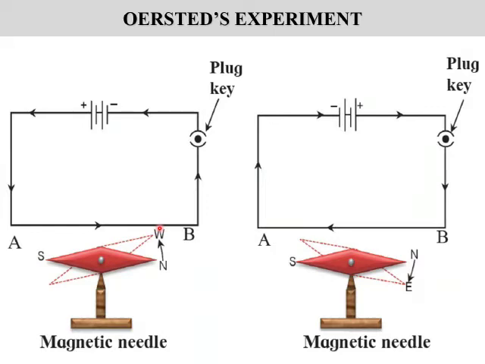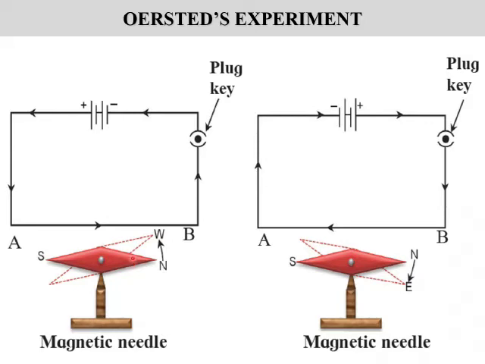So when you are passing electric current through a conducting wire, it develops a magnetic field around it, thereby inducing magnetism in the wire. And due to the induced magnetism, the magnetic needle got deflected.